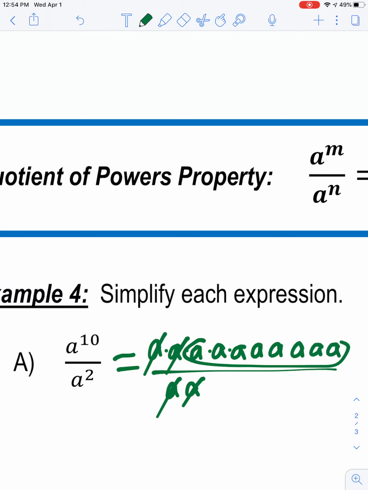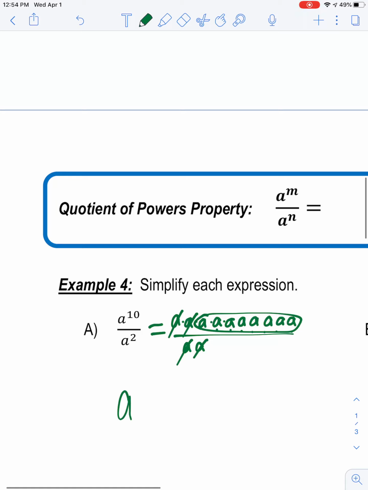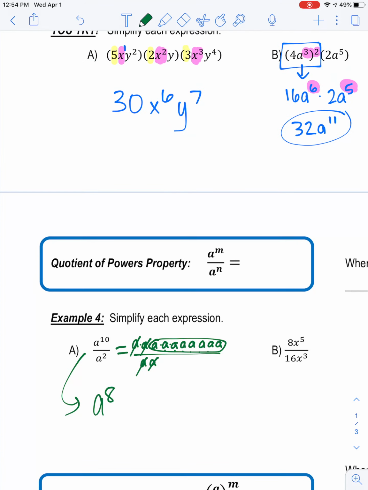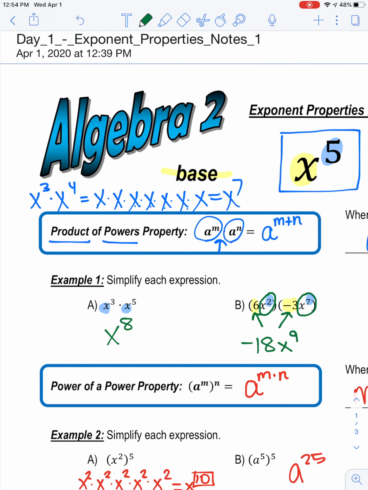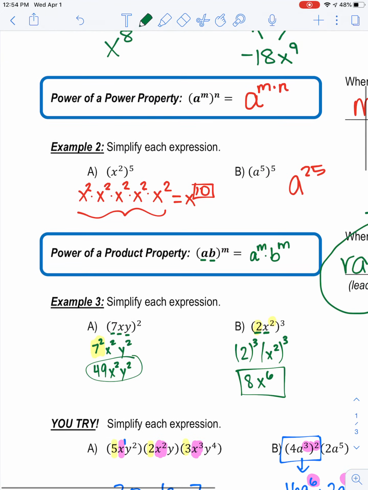And then I'm left with 1, 2, 3, 4, 5, 6, 7, 8 a's on top. How could I have gotten from the exponents of 10 and 2 to the 8? By subtracting them. Also, if you look back up at the first property, when we were multiplying 2 powers with the same base, we added the exponents.